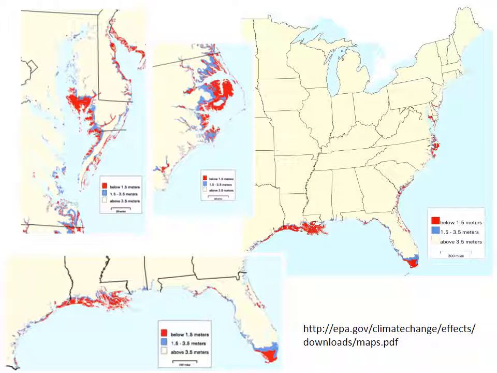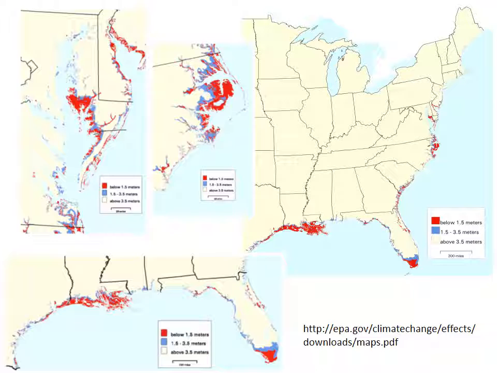This is looking at sea level rise. The red is if we see a sea level rise of less than 1.5 meters, the places in red will still be underwater at 1.5 meters of sea level rise.